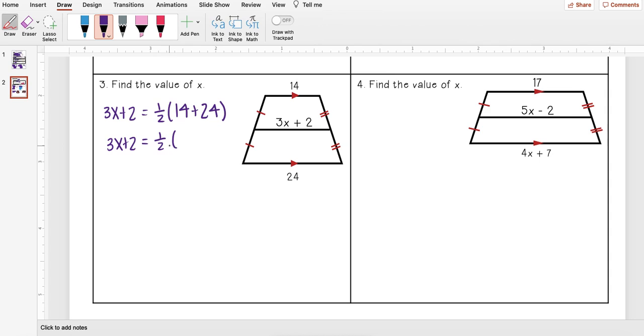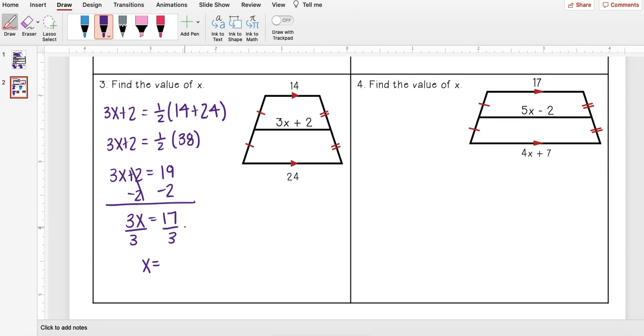Oh, 14 plus 24, I get 38. Now this time I'm just going to go ahead and multiply the 1/2 in there because I have an even number. And so 1/2 of 38, I get 19. And now I can just solve this like normal. So I subtract 2 from both sides, and then divide both sides by 3.